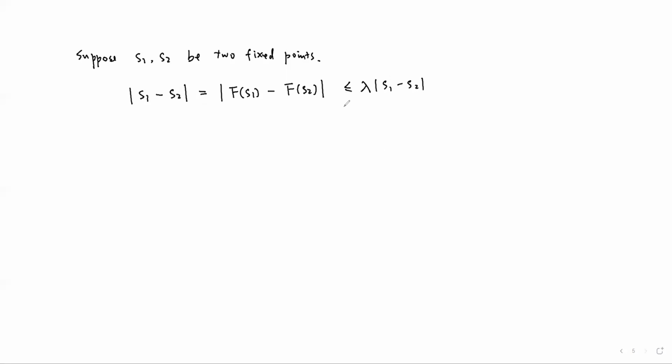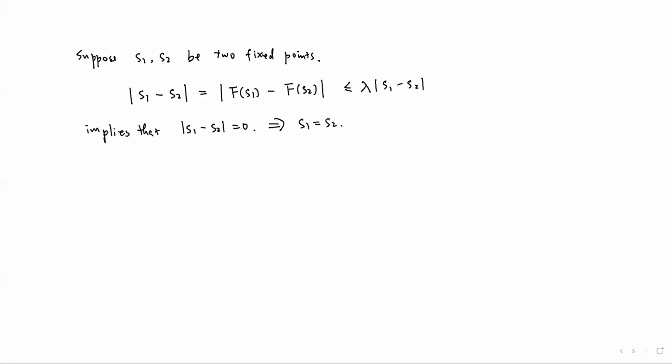If s1 and s2 are not equal, a non-zero number would not be greater than some number less than 1 times the non-zero number itself. Impossible. So this implies that s1 minus s2 must be 0, so s1 is equal to s2. So the fixed point is unique.